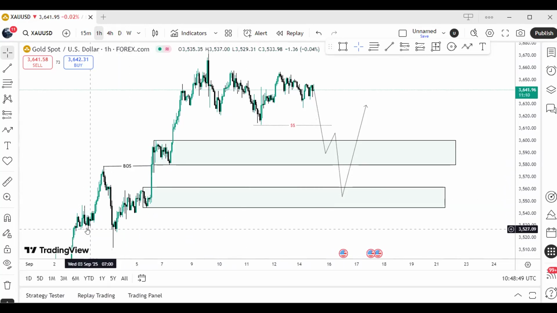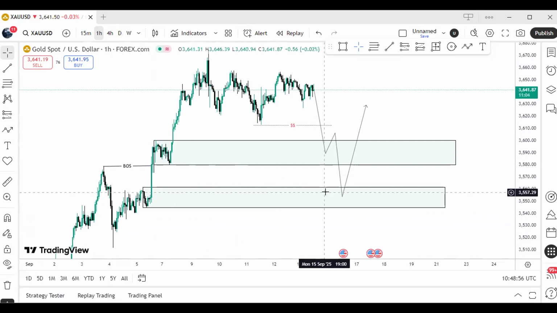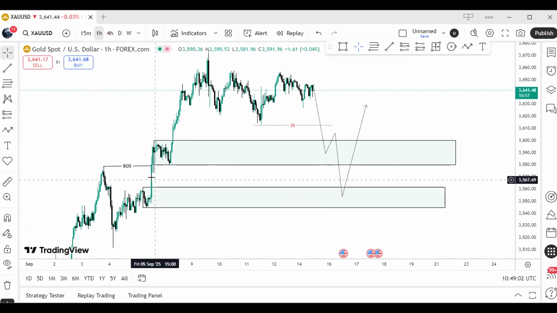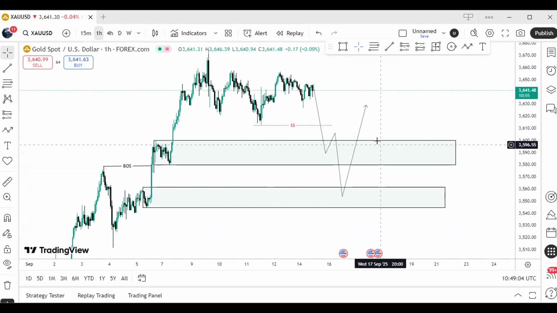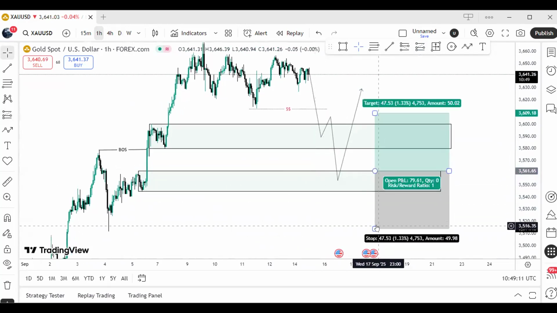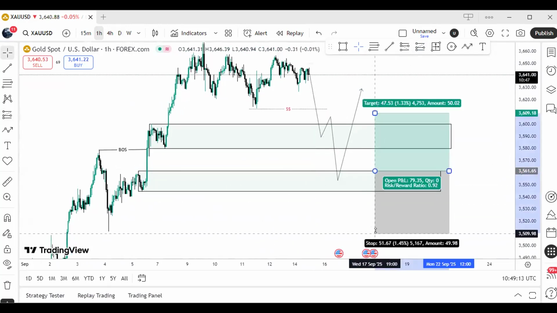Because the market has already taken liquidity here, right? There's a liquidity sweep around this zone. So this makes it a more valid signal for me. And there's a fair value gap if you look closely, right? Around there. So I can confidently set my limit order here, then my stop loss will just be here, just below here.